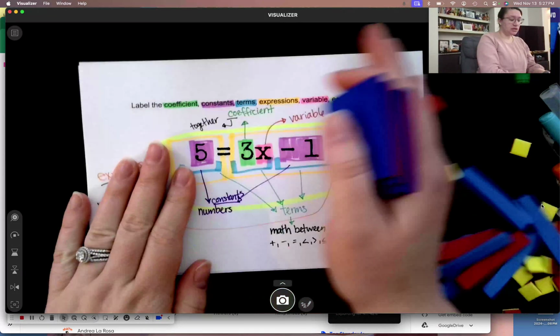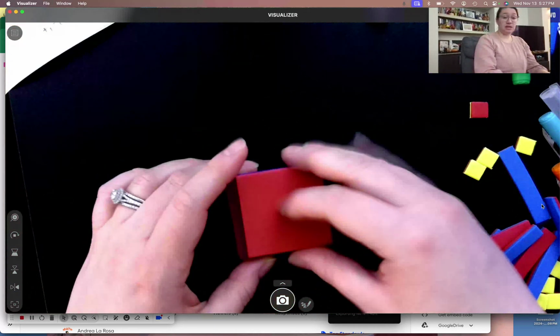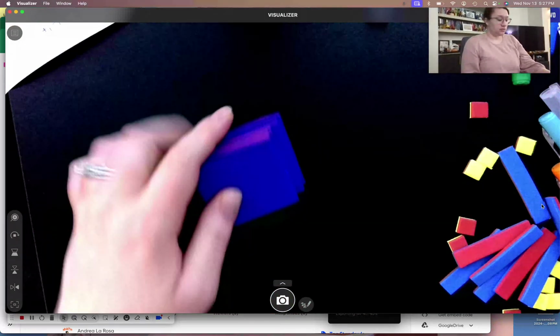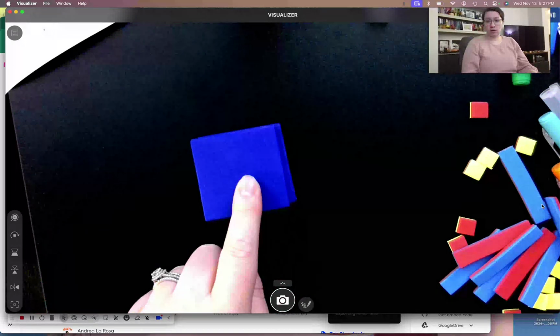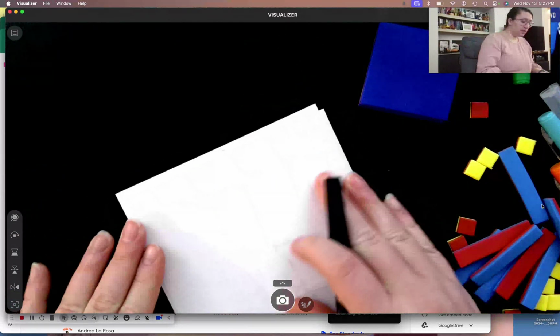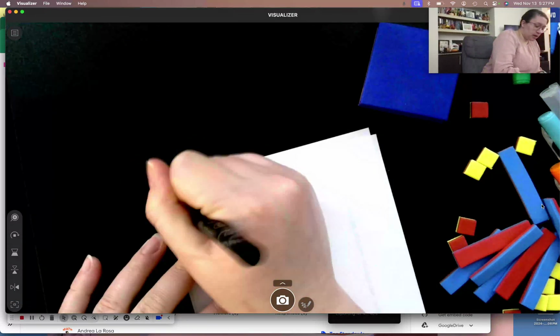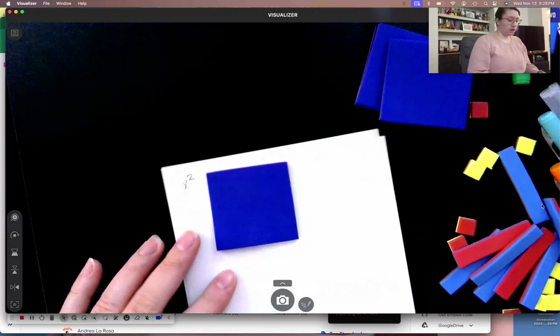So there's 3 different shapes of algebra tiles. The first ones are these big squares. These big squares represent whenever we have a variable squared. So if you were ever going to see x squared, that would be this big positive square.